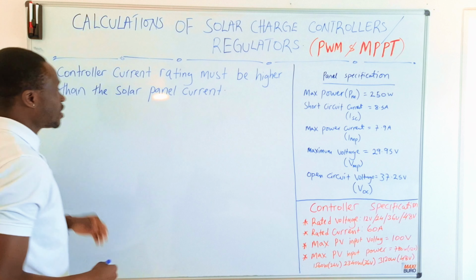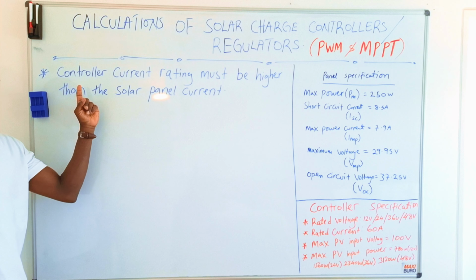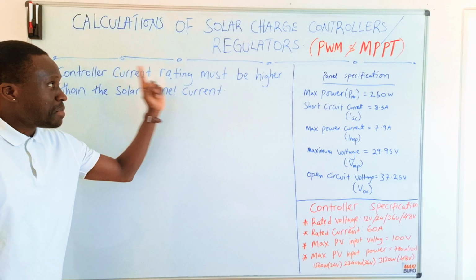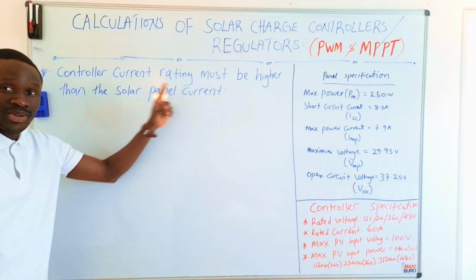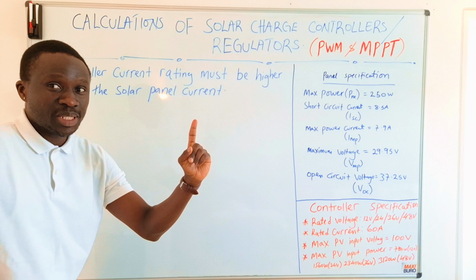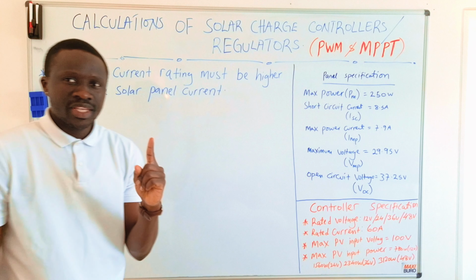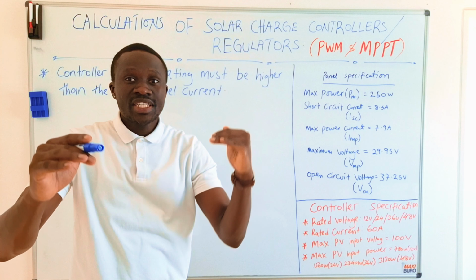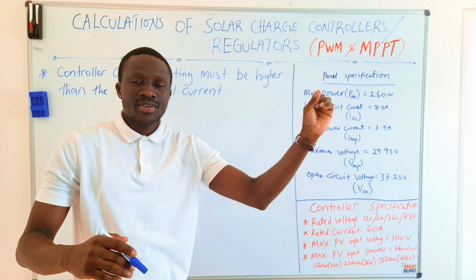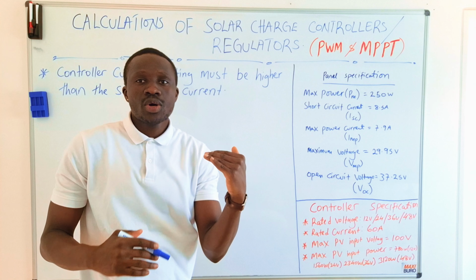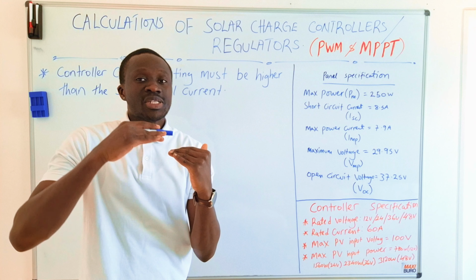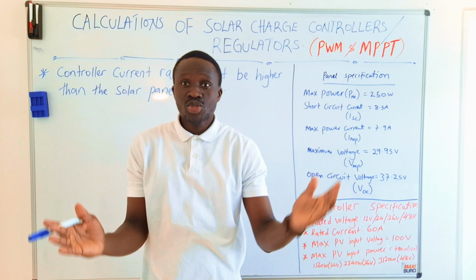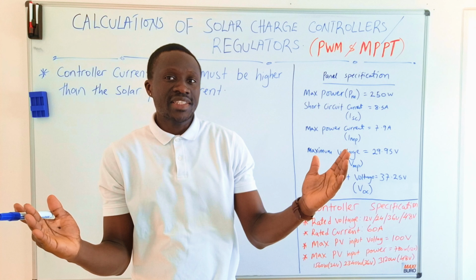And as we said, the charge controller current rating must be higher than the solar panel current. Listen to this information. The current of a charge controller must be higher than the current of the solar panel, so that the charge controller will be in a position to handle the solar currents.